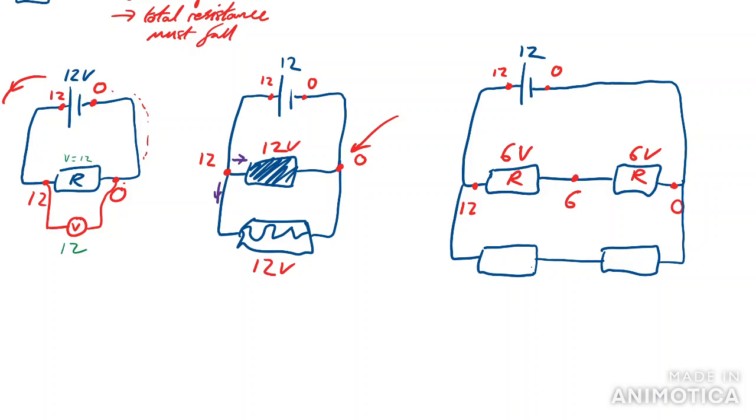And let's say that this guy was R, this guy was 2R and this guy was 2R. And then they connected a voltmeter across here.